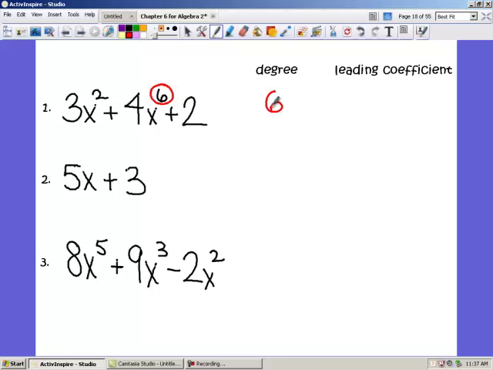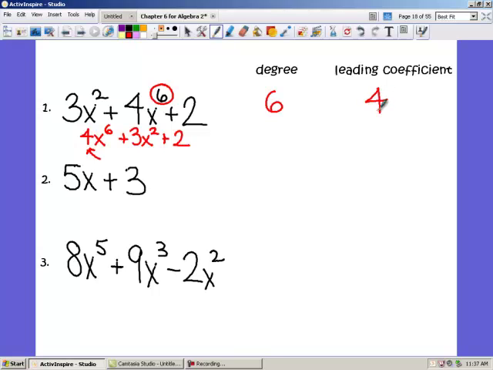For the leading coefficient, we have to be careful because this polynomial is not in order. So we write this in order with the highest exponent going first and then making its way down to the least. Now you can see that the leading coefficient is 4.